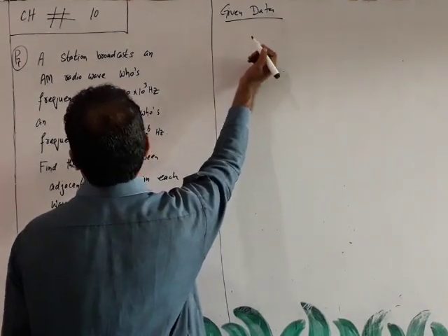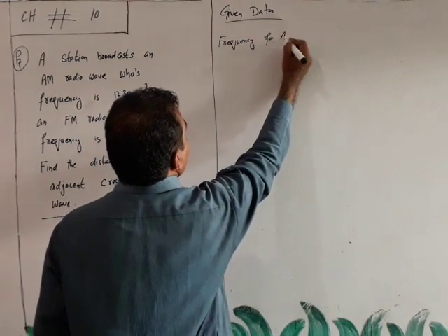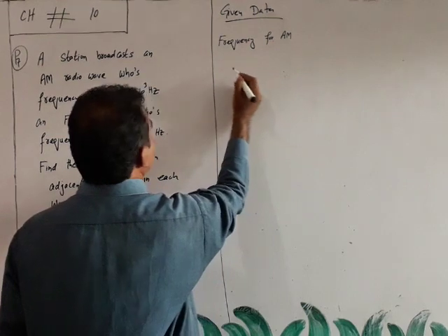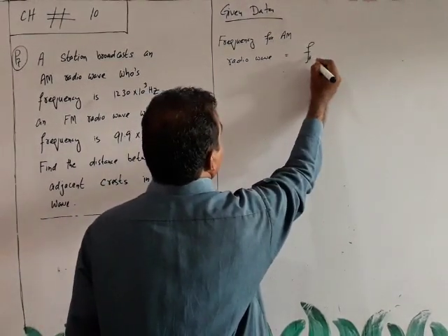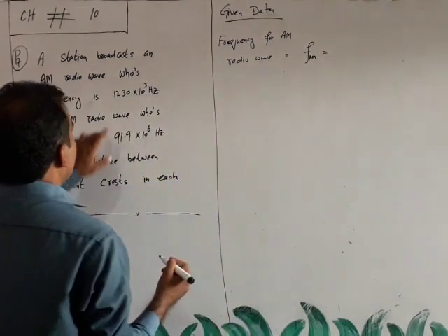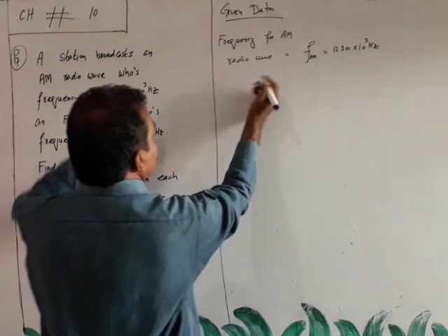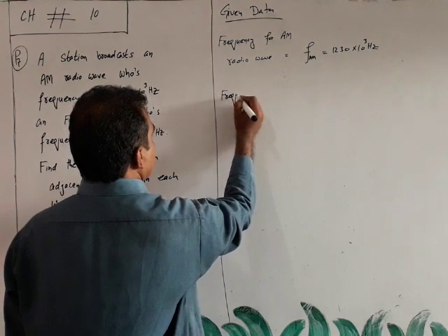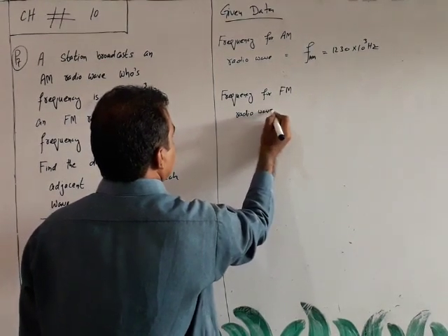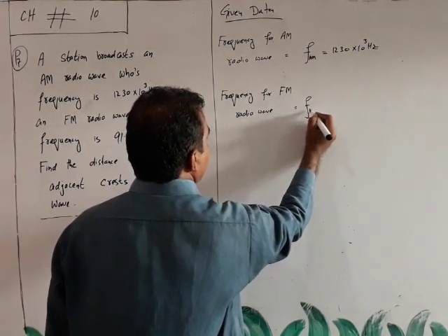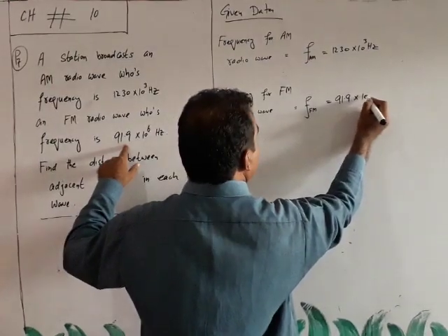So I will write first the frequency for AM radio wave, which will be represented by F with subscript AM, and it is given as 1230 multiply 10 power 3 hertz, and the frequency for FM radio wave, which will be represented by F with subscript FM, and its value is 91.9 multiply 10 power 6 hertz.